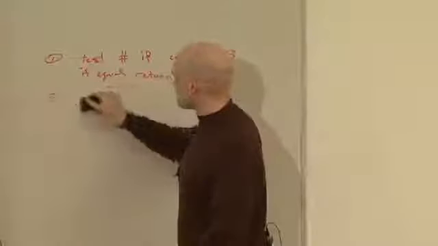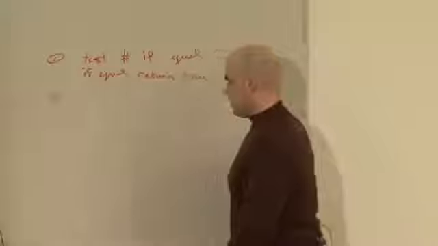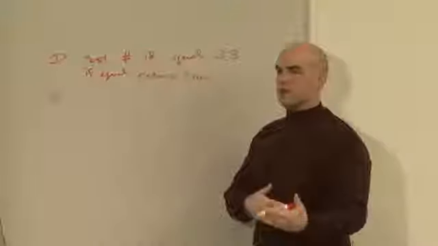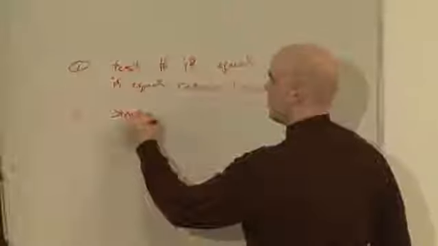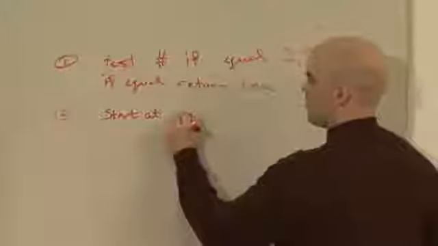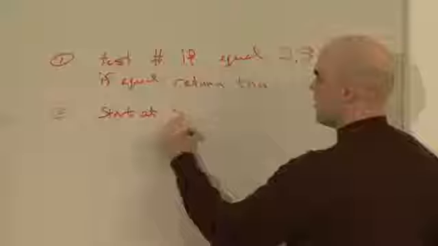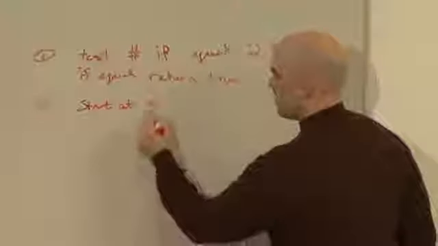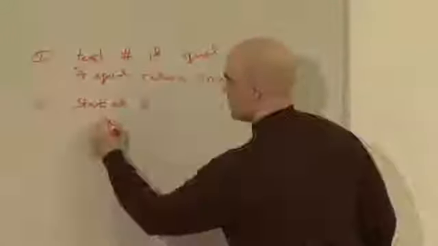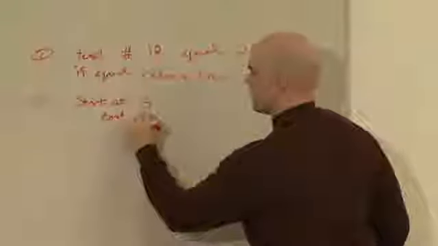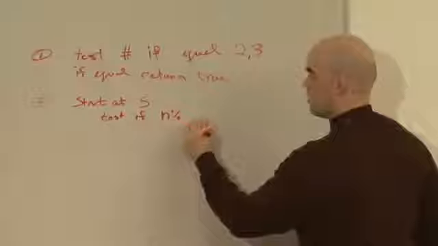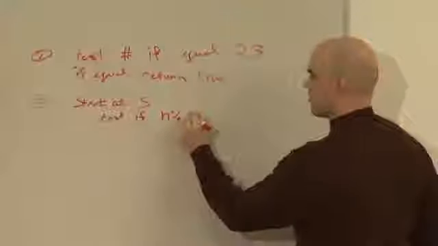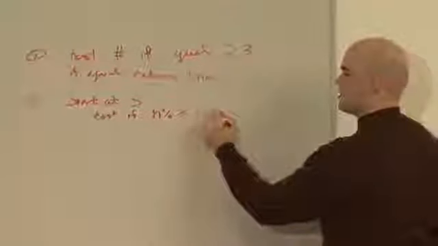I ask that because there's a loop involved. So, how would I go about this systematically? Well, I'd probably start at, let's say, 5, right? And then test if n modulo 5 is equal to 0.